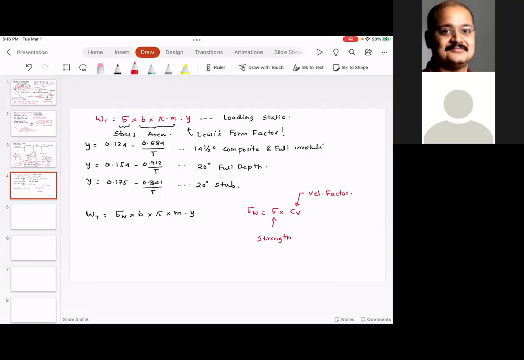Velocity factor is a factor that is less than 1.